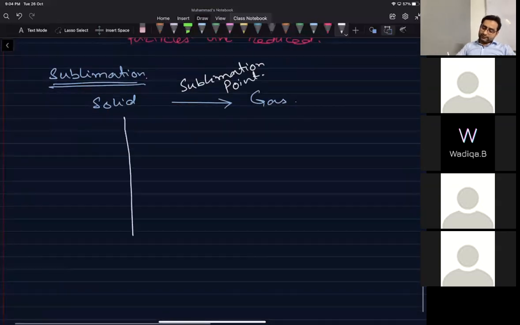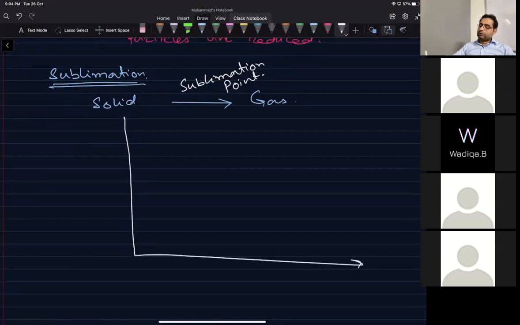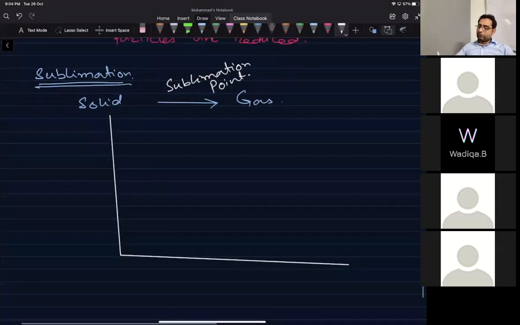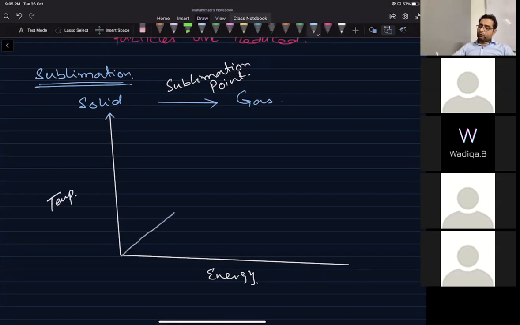On the x-axis there is energy, and the y-axis is temperature. When you heat up, temperature will increase, and for once temperature will be constant. When temperature is constant the first time, sublimation starts. At point B, sublimation starts. At point C, sublimation ends, and this is D.